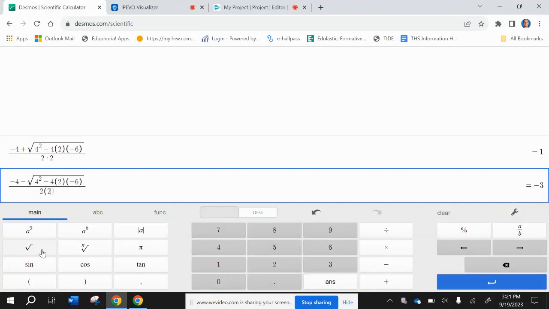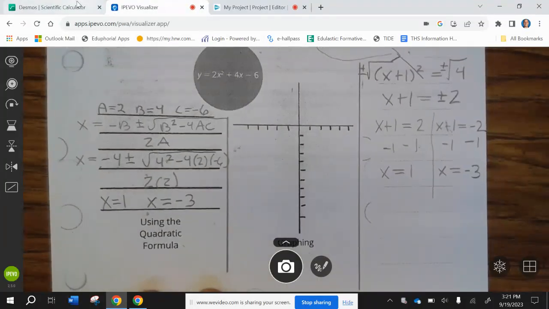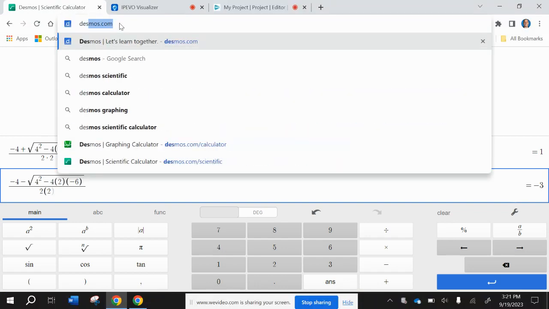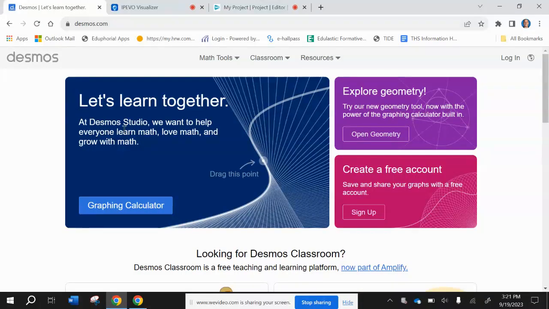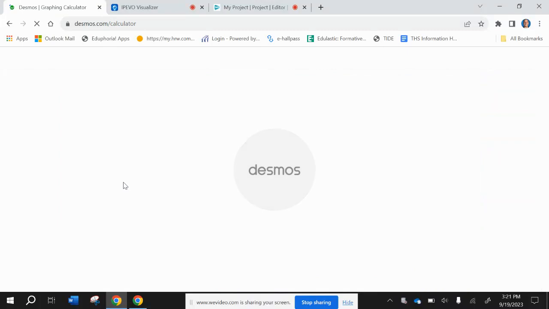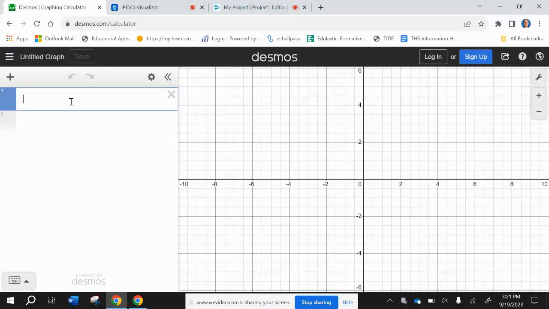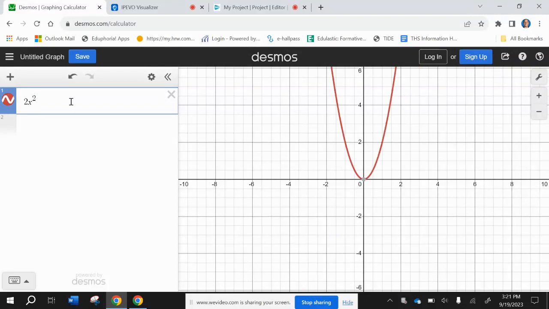And then the last one we're going to graph. We're going to go to Desmos, graphing calculator, and graph 2x squared plus 4x minus 6, sorry.